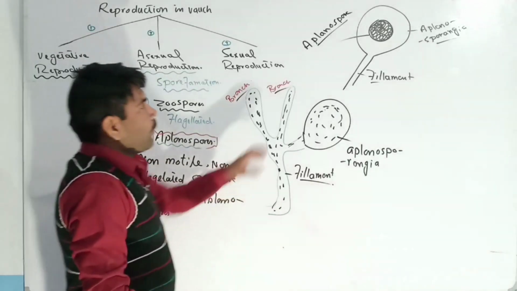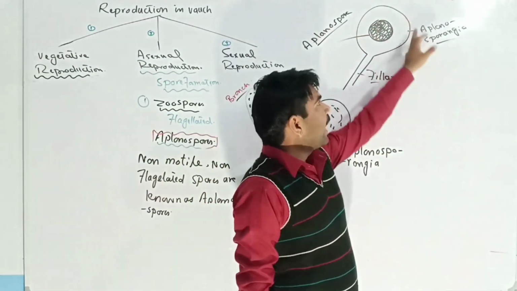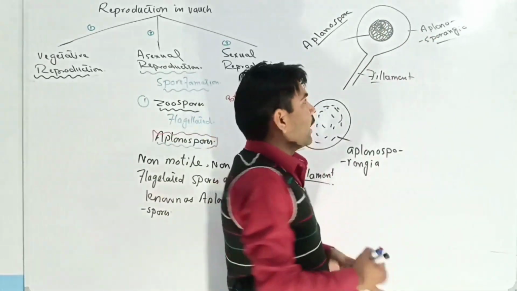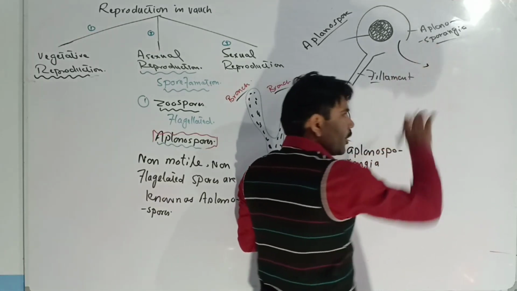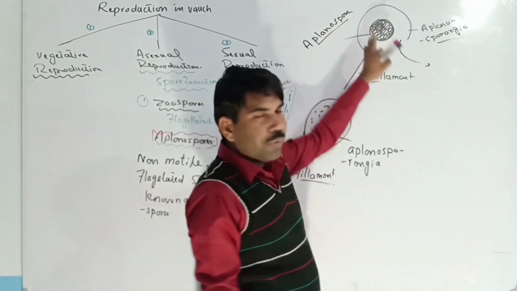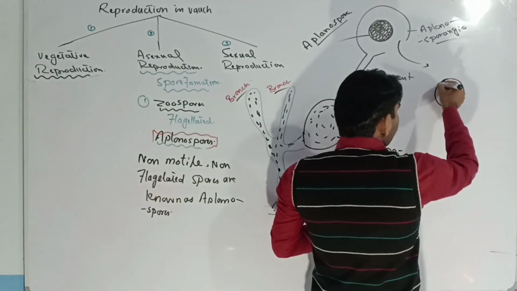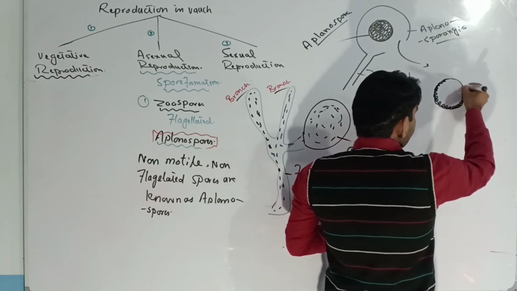When this aplanospore is formed, the aplanosporangia will burst or rupture. Then this aplanospore will come out from the body of the aplanosporangia. Now it is ready for germination.